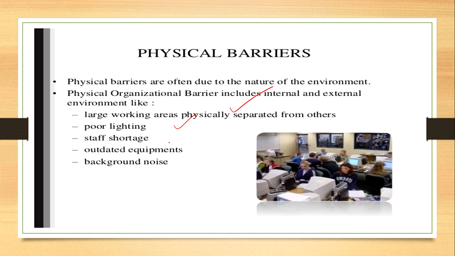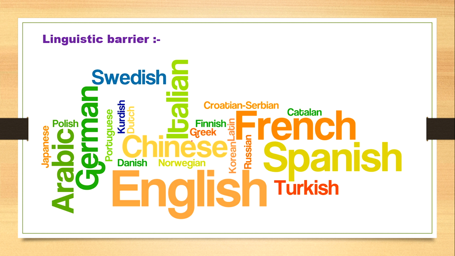Staff shortage is an organizational barrier. Outdated equipment, if our equipment is not updated then it becomes a barrier. Background noise is also a barrier. So these are examples of physical barriers, and we can say that yes, physical barrier is a barrier in effective communication.